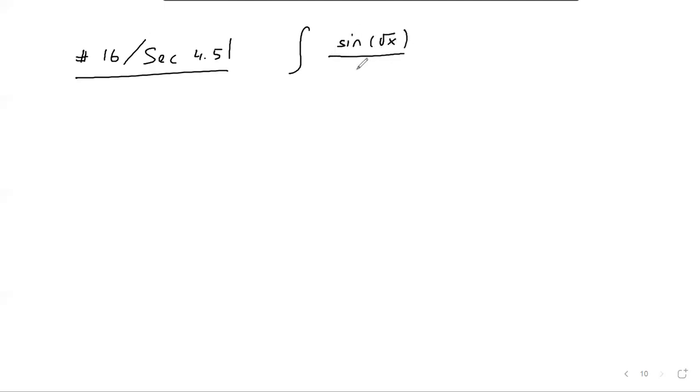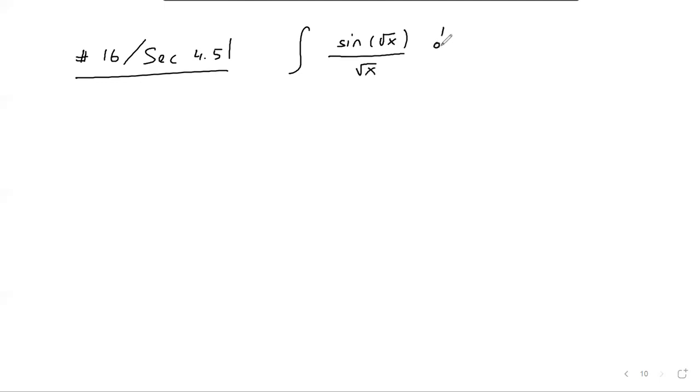So this is going to be, folks, number 16. Let's do number 16 because it's a better problem. Number 16 of section 4.5. The integral of sine of square root of x divided by square root of x.